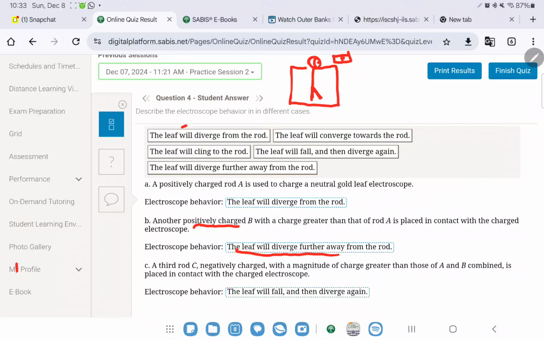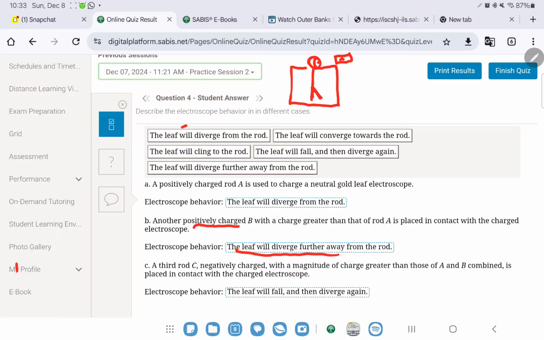Now, you bring a third rod, but this time it's not positively charged. In the same electroscope, by the way, these are going one after the other. And then you bring a negatively charged one with a magnitude greater than A and B combined.